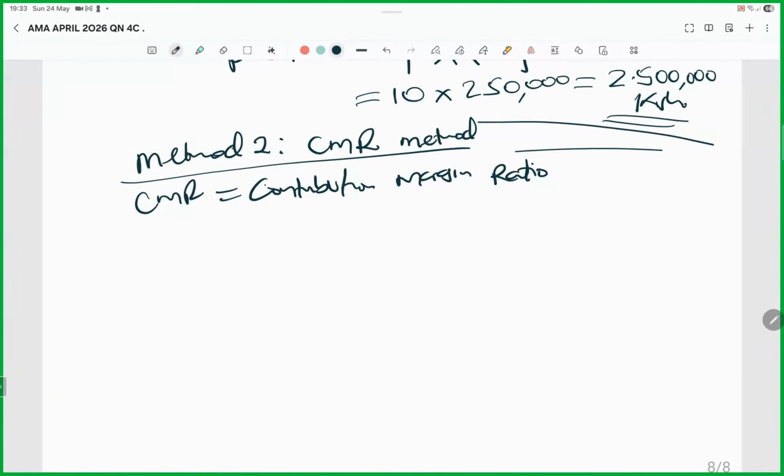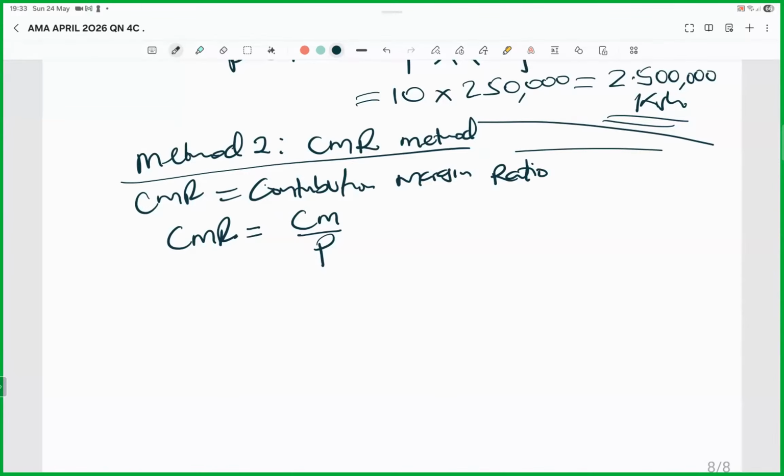And my role tonight is to simply show you how we get CMR. To get the contribution margin ratio, we take the contribution margin and divide by the selling price. Anytime they want us to get the contribution margin ratio, we shall take CM over price.